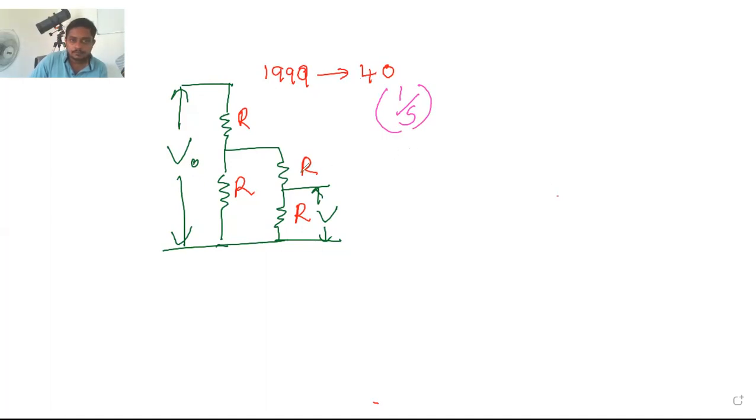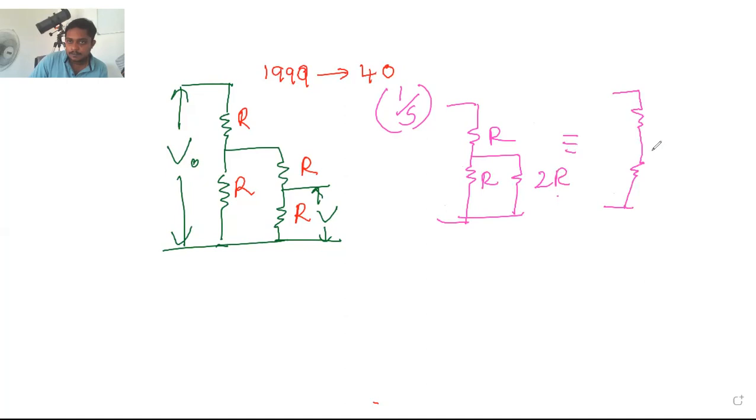Here we have R, R, 2R, and this is what you're getting, 2R, R, and R. We can simplify this circuit further.